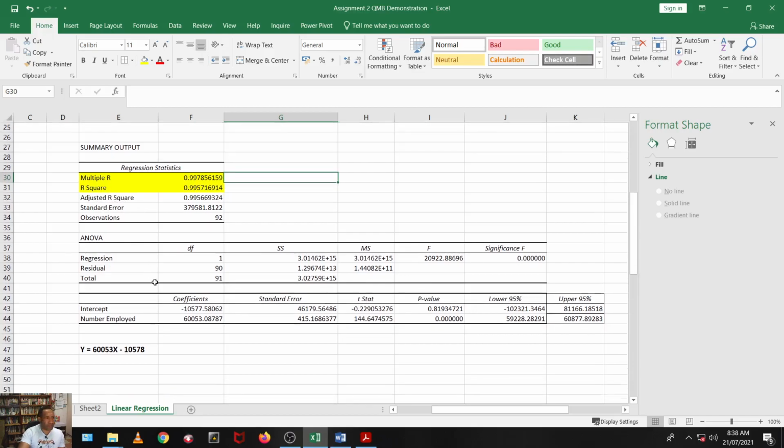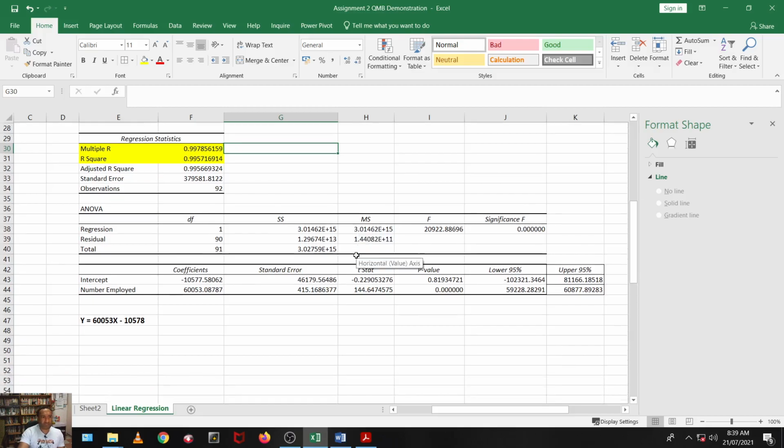In the second table, we have the ANOVA table, and this shows the degrees of freedom, the sum of squares, the mean squares, the F statistic, and the significance of the F statistic. And this is the p-value, all right? Now you can see the F statistic is 20,922, and this is far, far greater than the critical F statistic, and thereby the probability value is much less than 0.05.